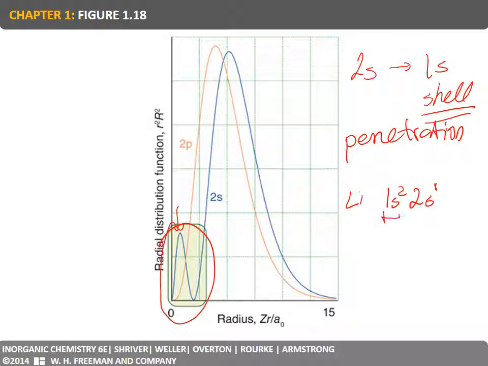So the 1s orbital is filled, and the 2s orbital has one electron. Another way to write this is helium 2s1. Why? Because helium is 1s2, two electrons in a 1s orbital.